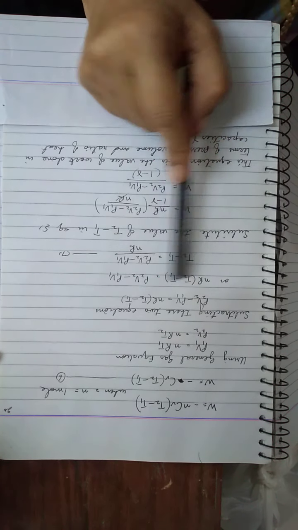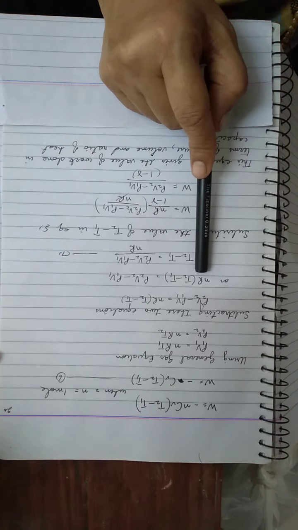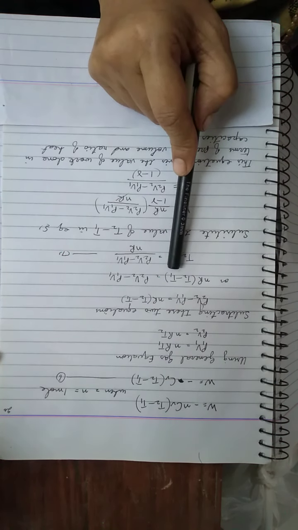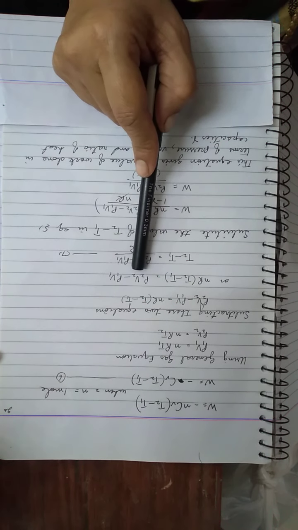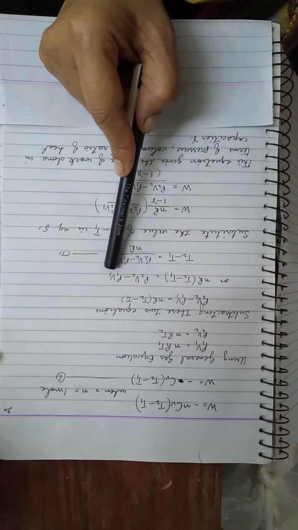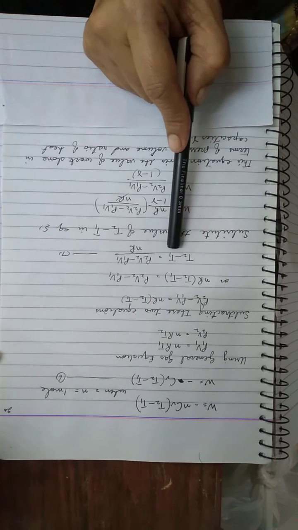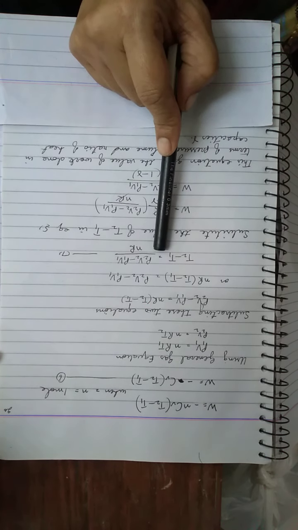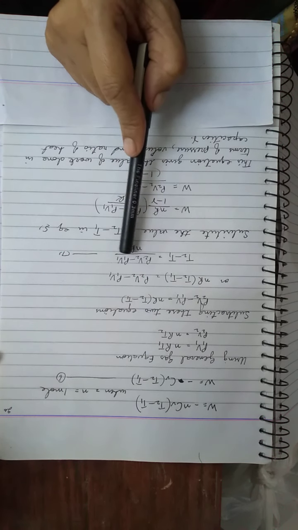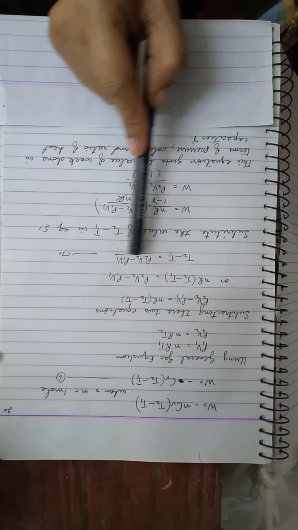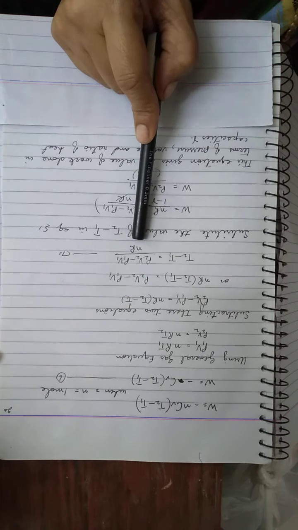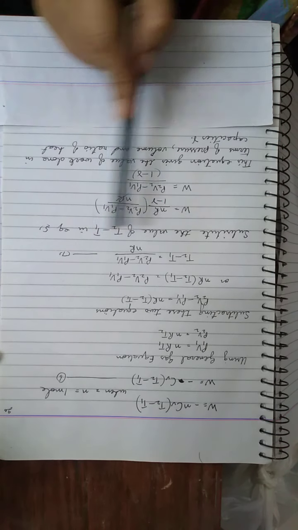So you can write in this form, nR into T2 minus T1 is equal to P2V2 minus P1V1, or T2 minus T1 is equal to P2V2 minus P1V1 divided by nR. This is equation number 7.